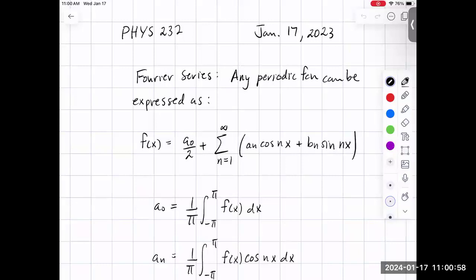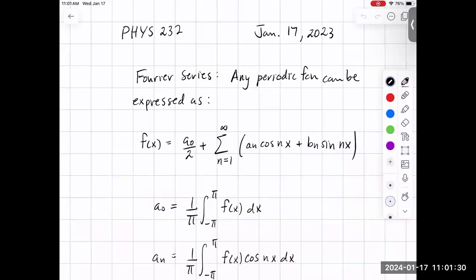The claim is that we could express it as some constant plus a sum of cosines and sines where the terms keep getting higher and higher in frequency. So we'd have 1x, 2x, 3x, 4x terms for both the cosine and the sine series. And we needed a prescription for finding the values of the constant and the 2 coefficients, an and bn.